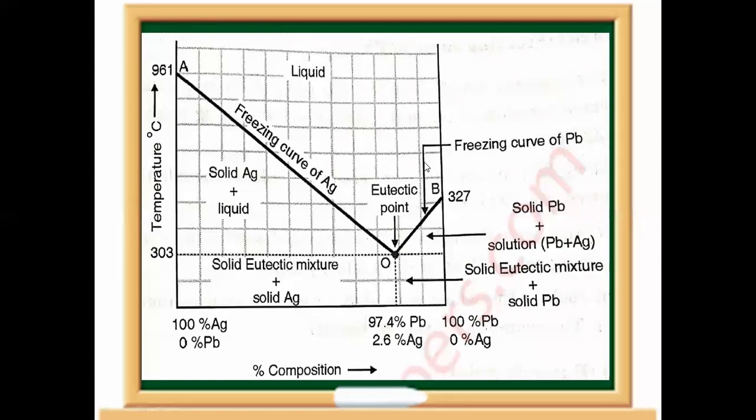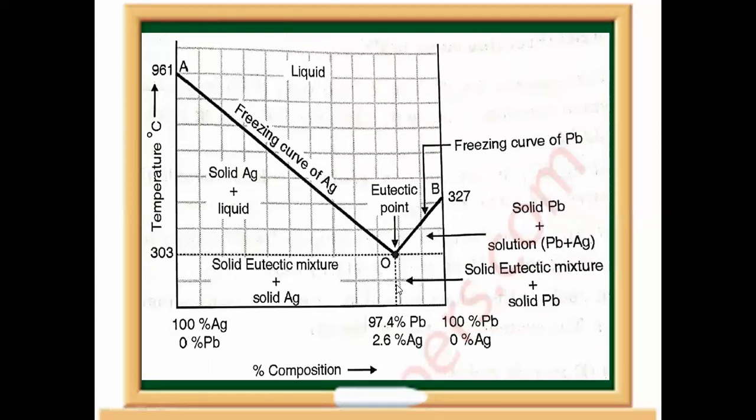The silver which is added is less than 2.6%. Obviously, when I add this silver to the lead, the temperature will drop, and it will come somewhere around this curve BO. And the same situation will occur where at point O, only the eutectic composition is present.